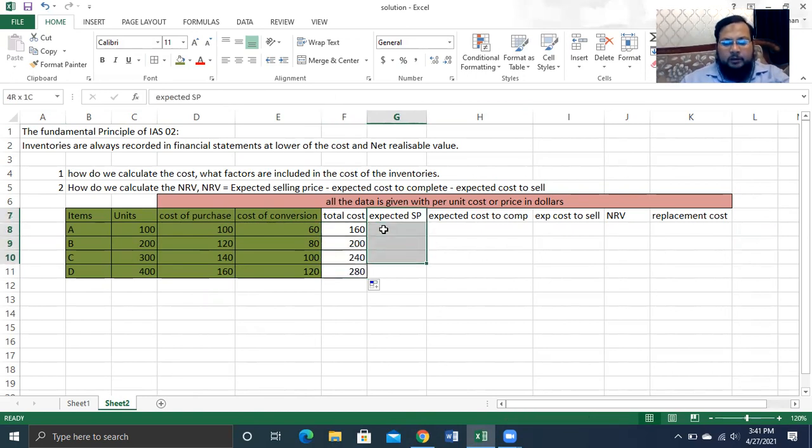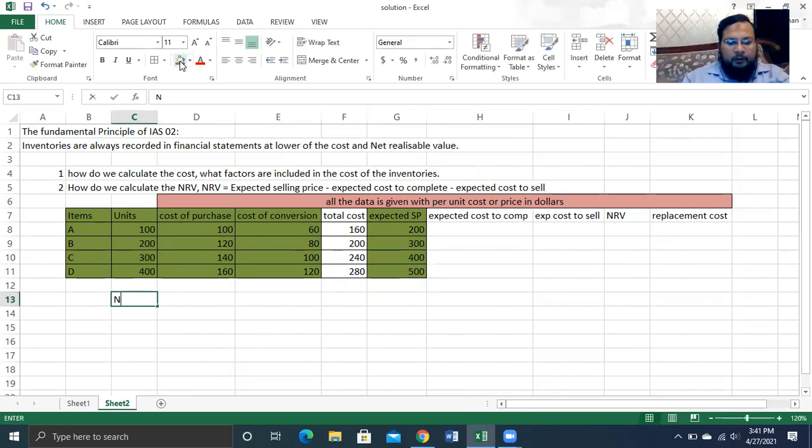Now again, the question will provide you the expected selling price. Let's suppose it can be sold in the market per unit $200, then $300, then $400, and then $500.